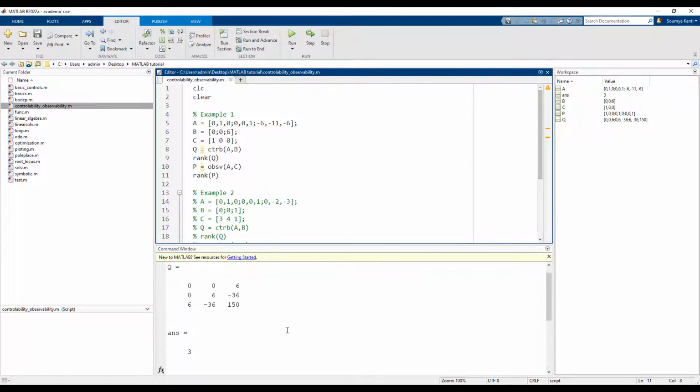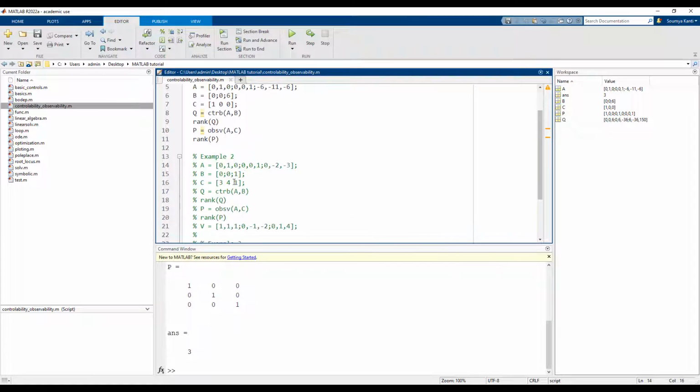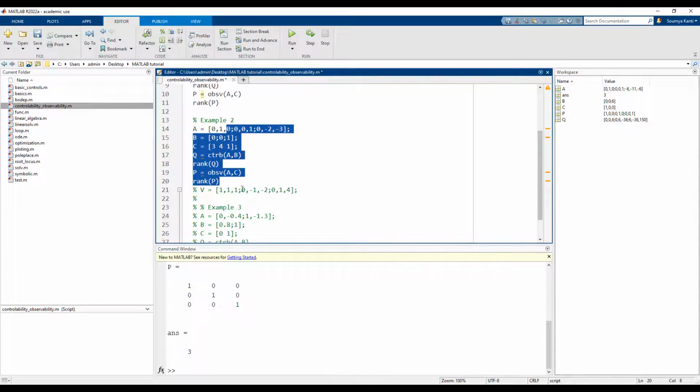If we look at it, this is the controllability matrix and the rank is 3, so the system here is controllable. This is the observability matrix, and you can see that the system is observable. Now let me see the observability and controllability matrices again for another system.